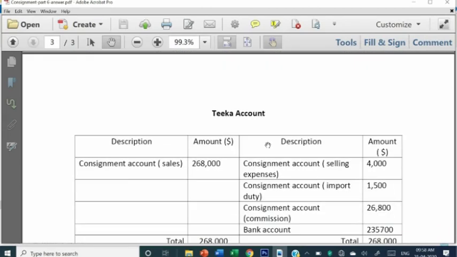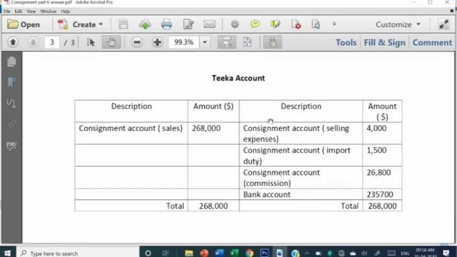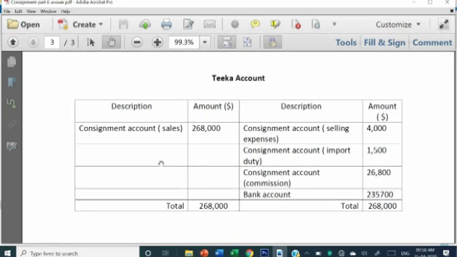Now the next part of the question is you have to prepare consignee's account in the books of consignor. It is simple. Consignment account says it is already there in the consignment account, 268,000. Now you have to credit consignee's expenses and commission. The balance is to be remitted to the consignor.